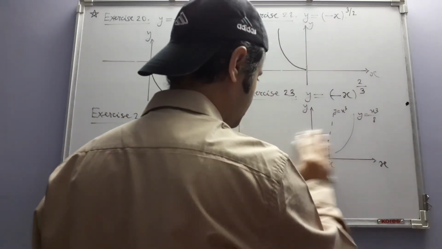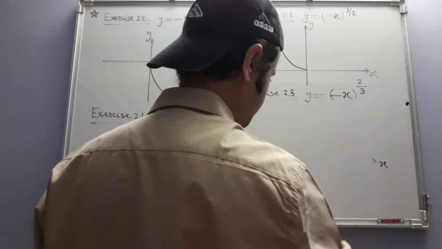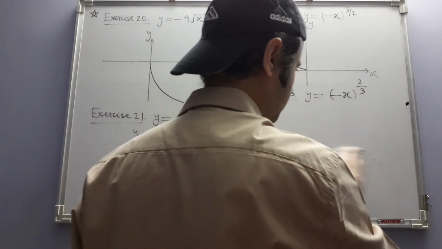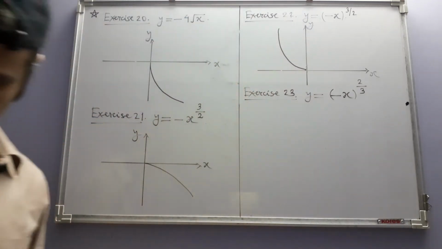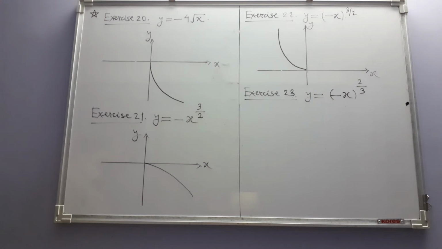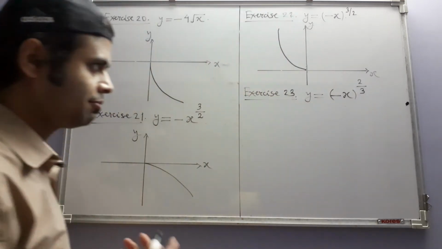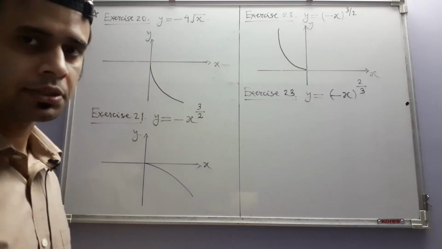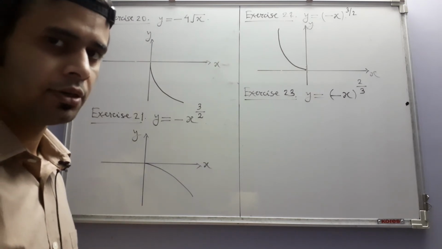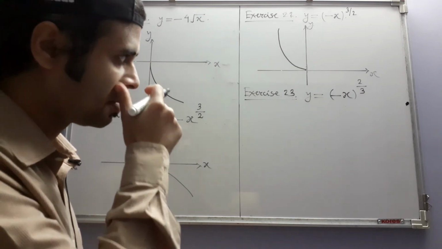And here you see, now we don't have square root, we have cube root, and when we have cube root, there is no restriction on x. Every real value of x can be put as input in this function.